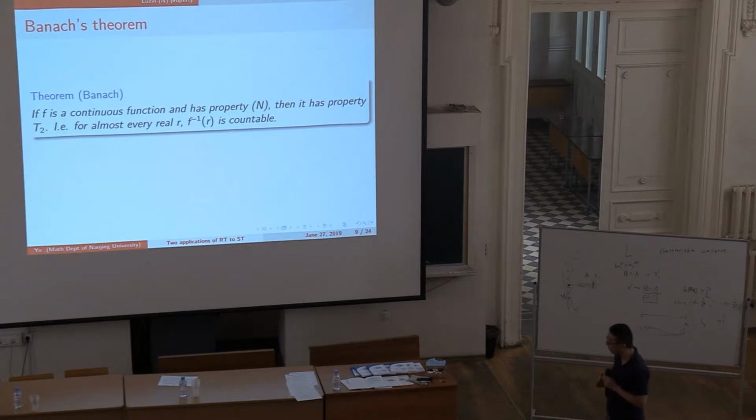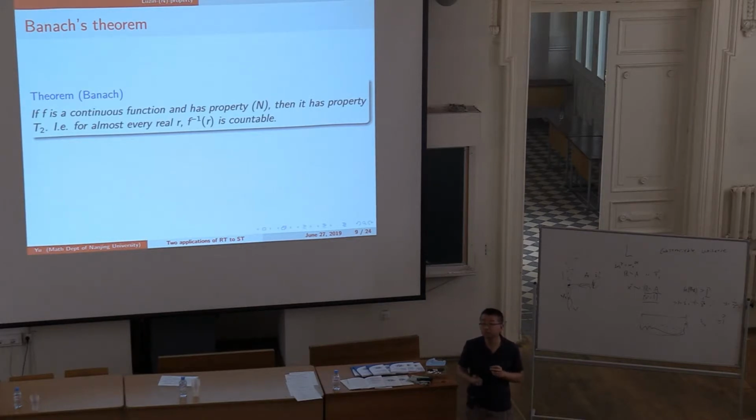Let's look at a classical theorem by Banach. If f is a continuous function with the Lusin N property, then it has property T2. What is T2? It means for almost every real R, the preimage of R is countable. That was proved by Banach in 1927.